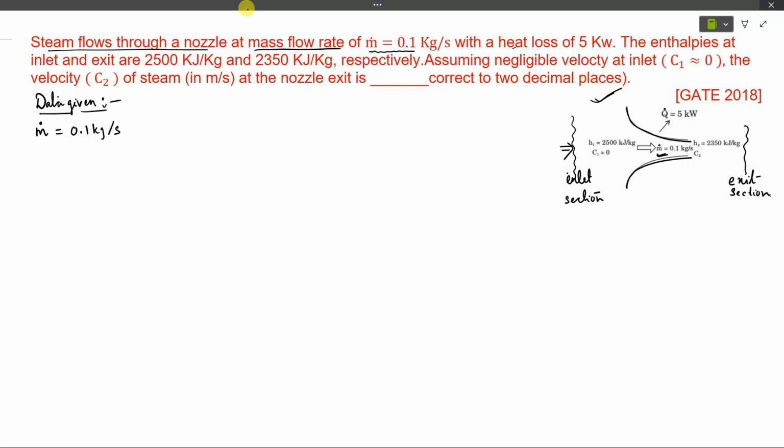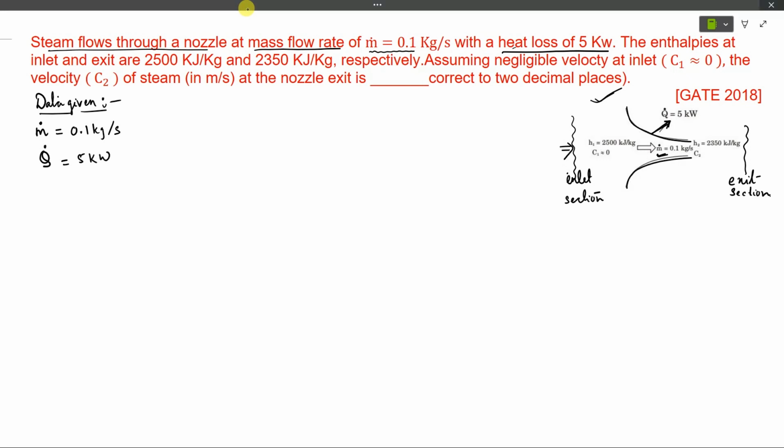Next it is mentioned that there is a heat loss of 5 kilowatt. This is also shown in the diagram, Q dot equal to 5 kilowatt. This arrowhead indicates that this is the heat loss from the nozzle.